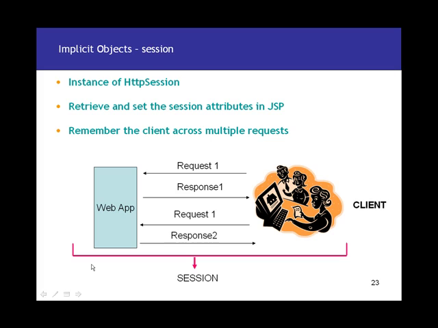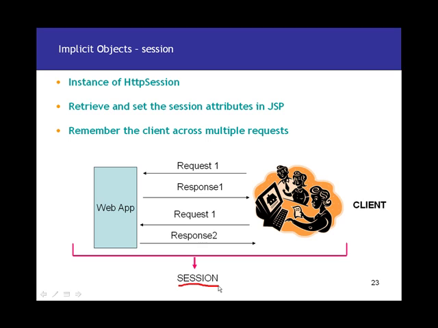So when you want to share particular information across multiple pages for the same client, when the same client sends multiple requests, it's nothing but a session. So n number of requests and responses from the same client is nothing but one session, right? And if you want some data to be persistent across multiple requests for that same client, you save that value in the session object.